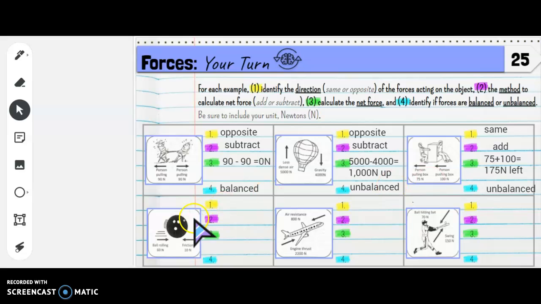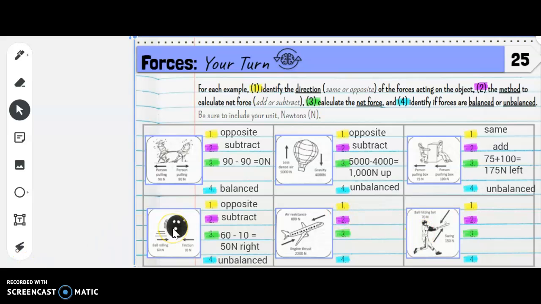Go ahead and take a minute to try the next few and make sure you come back and check and take the time to answer your essential question. For this example, we see the arrows are in the opposite direction. We have one pointing to the right with the ball rolling with the force of 60 newtons.